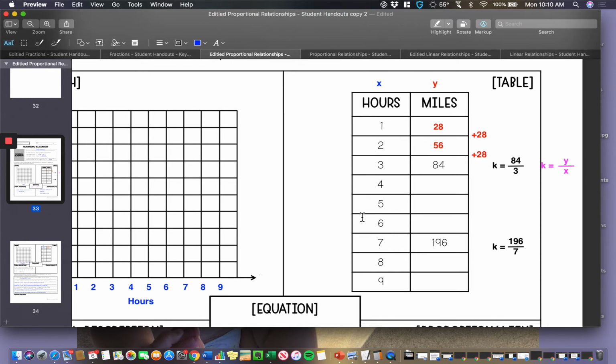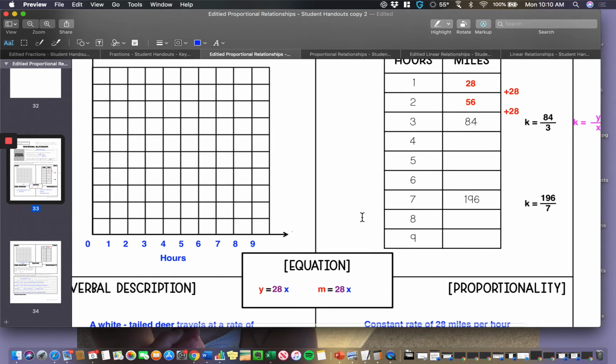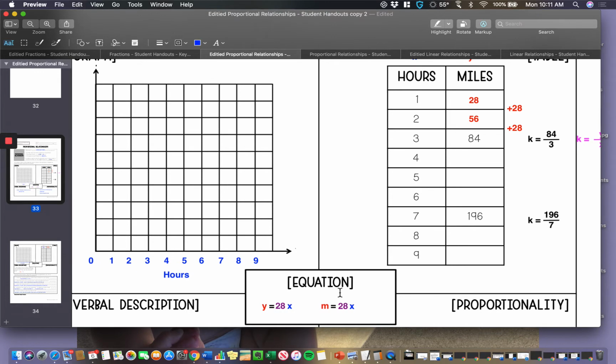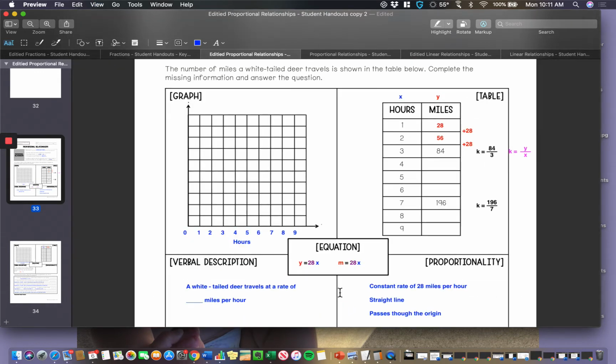But there is another way to do this, and that would be to write an equation. My purple number here, 28, represents my constant. Whatever my constant is, I can multiply by the variable x, represented in hours.